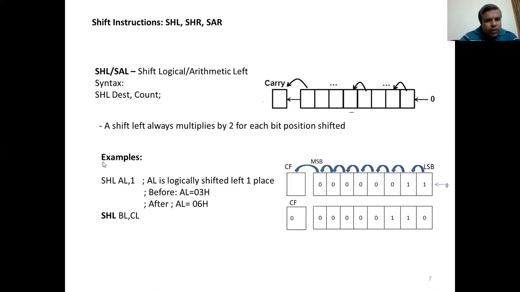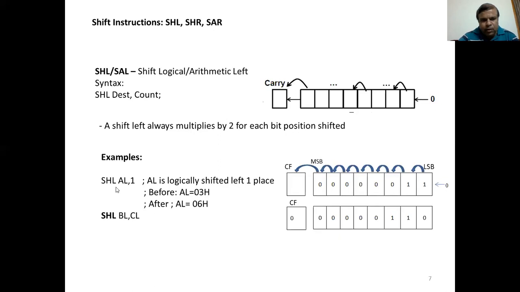Coming to the examples. First instruction, SHL AL, 1. Here the byte in AL is logically shifted left 1 place, because the shift count is 1. To illustrate, let us assume that before the execution of this SHL instruction, AL contains 03H as 8-bit data. You write the binary equivalent of 03, which is 00000011.